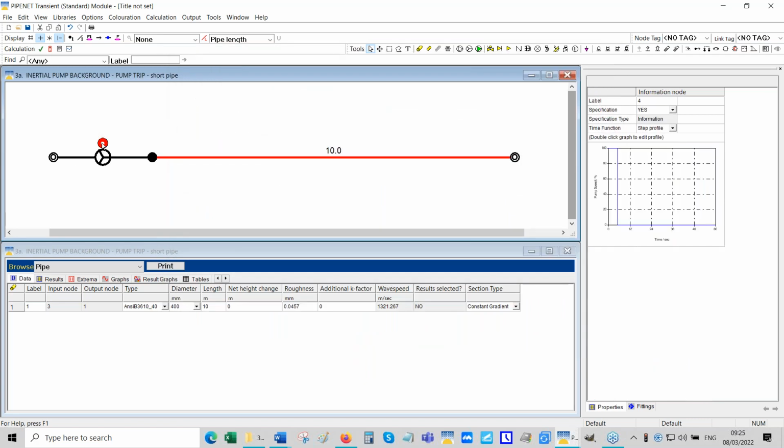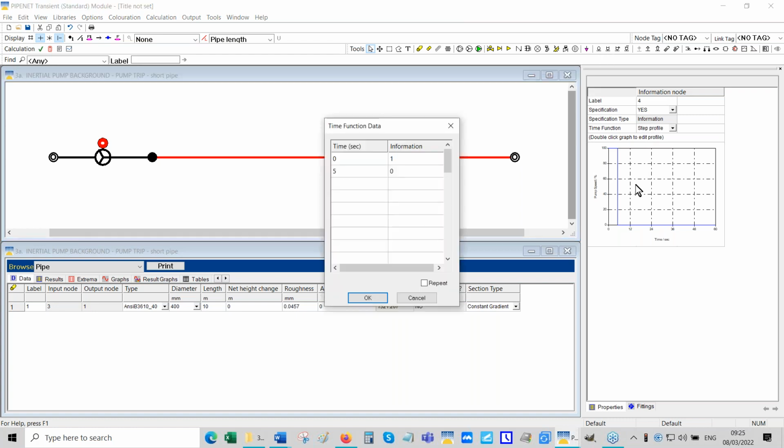What about the information node? How do we tell PIPENET that the pump is going to trip? See, we use the step profile because we cannot tell PIPENET how the pump is going to slow down, spin down, because that is what we want PIPENET to calculate.